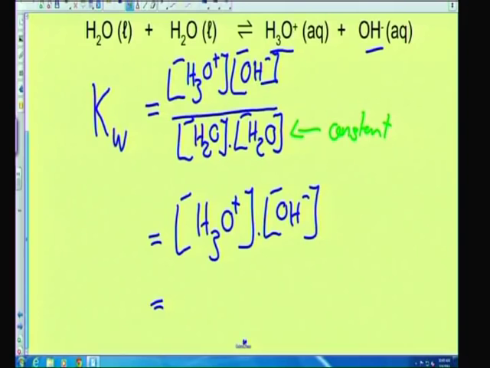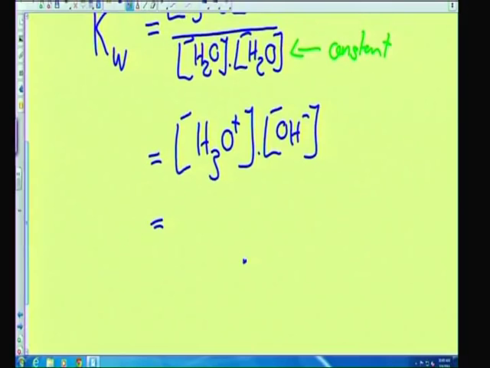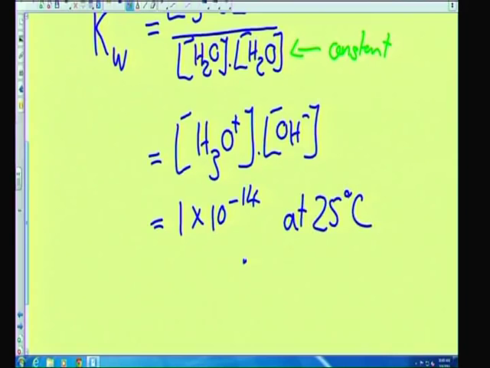It's the equilibrium expression for water, and it is 1 times 10 to the minus 14. This is at 25 degrees Celsius. Remember, the Kw is temperature dependent and it is sensitive.